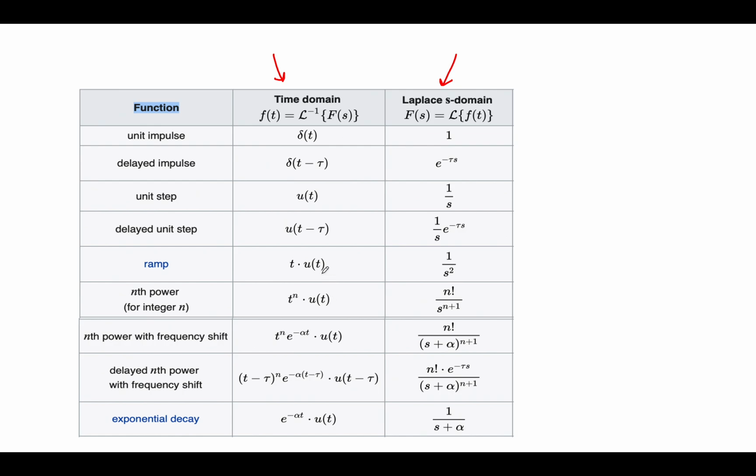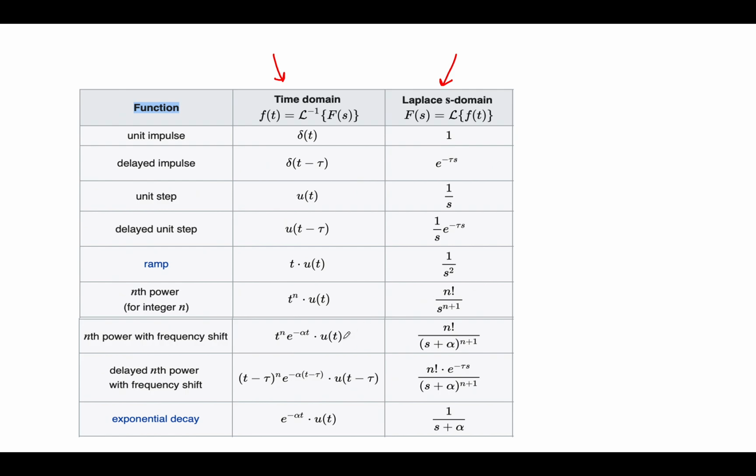Notice that they're all multiplied here by a step function. There is a t to the n, e to the minus alpha t. There is a t minus tau to the n, e to the minus alpha (t minus tau), u of t minus tau. And all of those then have their corresponding Laplace transform here in the Laplace column.